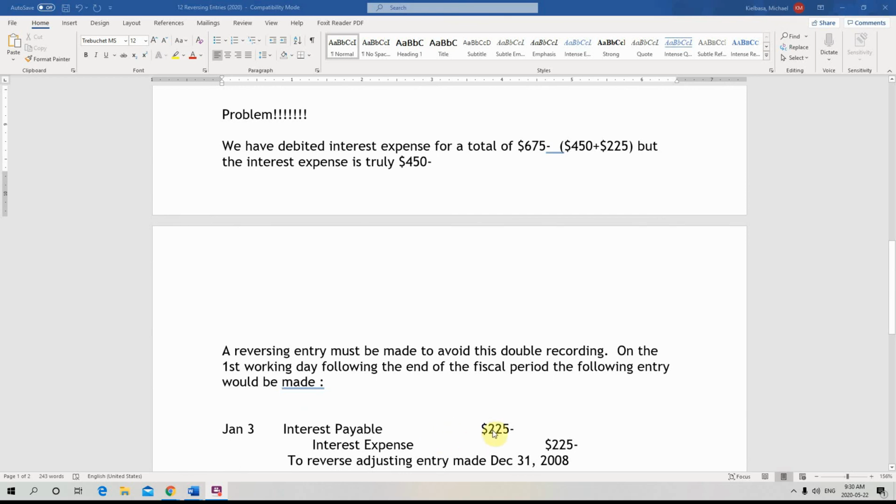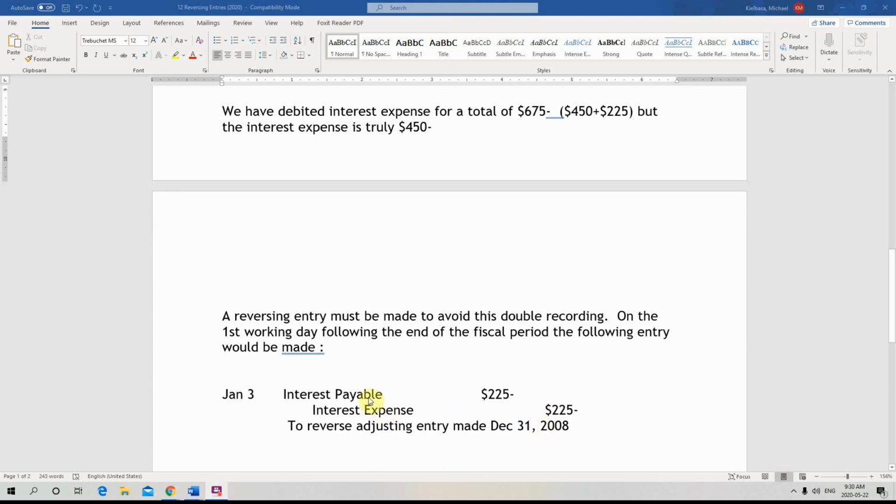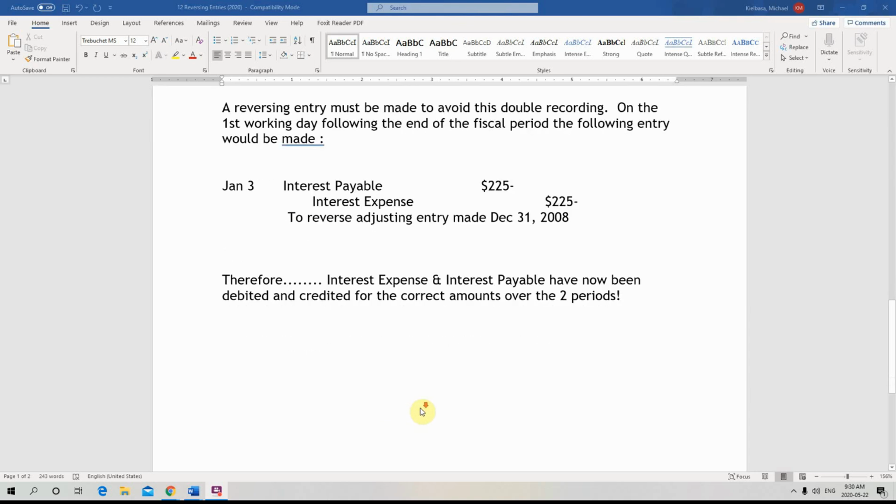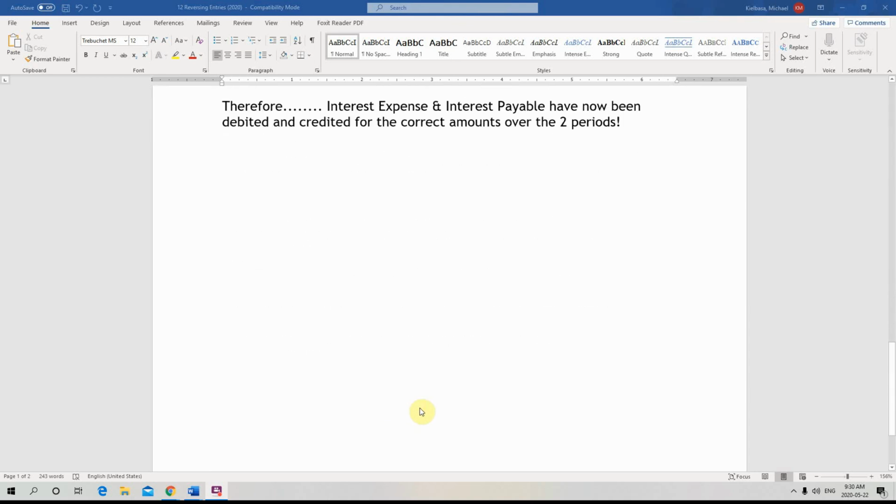All you do is reverse the adjustment that you made in 2008. So we're going to debit interest payable and we're going to credit interest expense for $225. Then, as a result, interest expense and interest payable now have been debited and credited for the correct amounts over 2 periods. And I'm going to explain how in the second video.